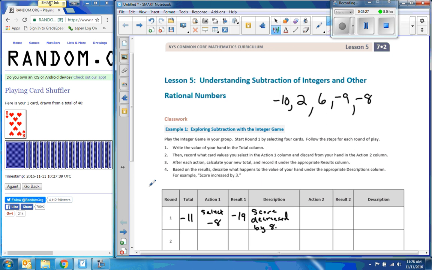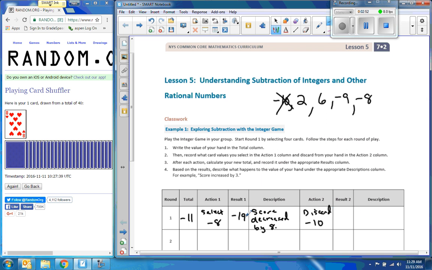So I'm going to discard that 4. Hang on. Okay, sorry about that. So the next thing we're going to do is not draw any more cards. We are now going to get rid of the first card, which was a negative 10. So the action 2 was discard negative 10.